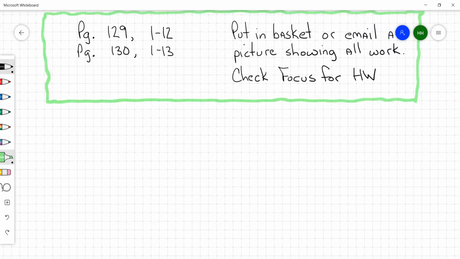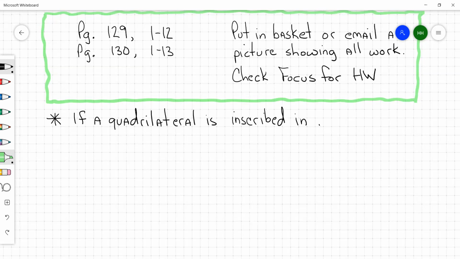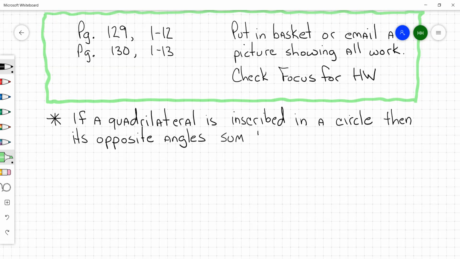And we're going to say that if a quadrilateral is inscribed in a circle, then its opposite angles sum 180.